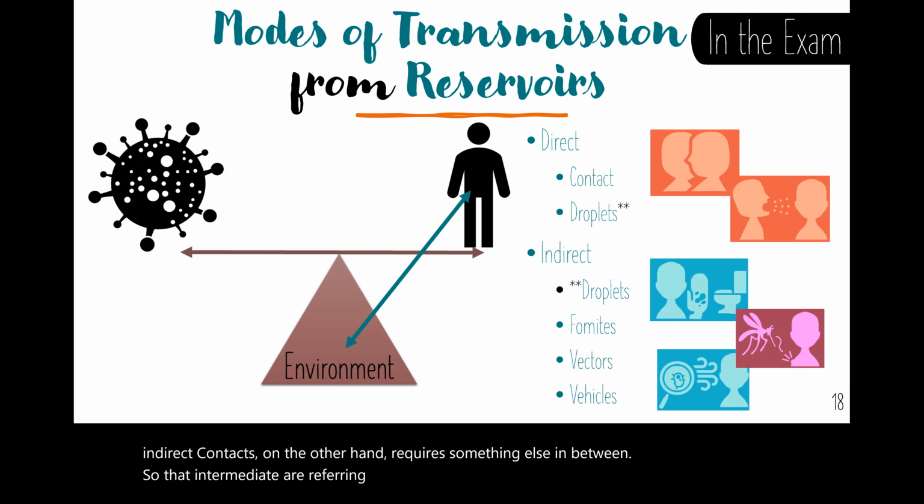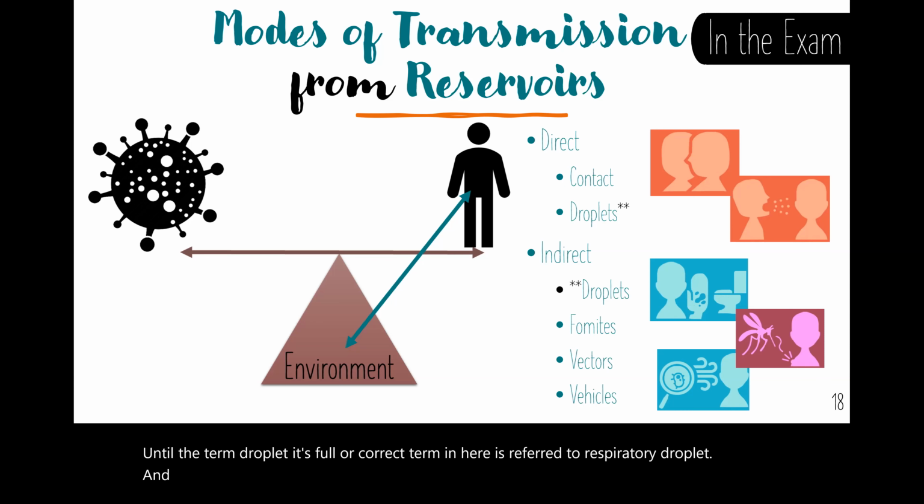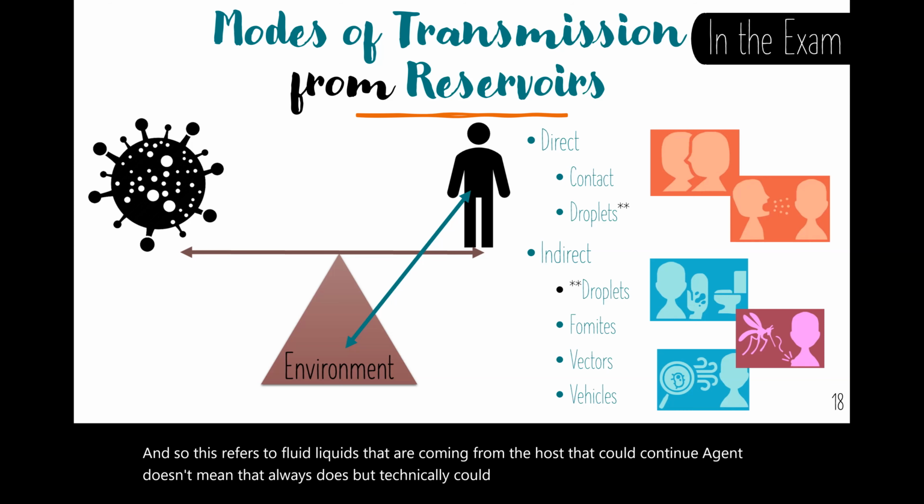And so in there, we include the subject of a droplet, a term that you've probably heard a lot lately. Its full or correct term is a respiratory droplet. This refers to fluids, liquids coming from the host that could contain the agent. It doesn't mean that it always does, but technically could contain an agent, like a virus or a bacterium, right?